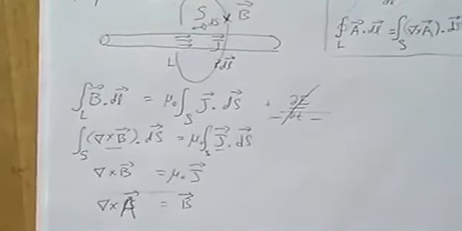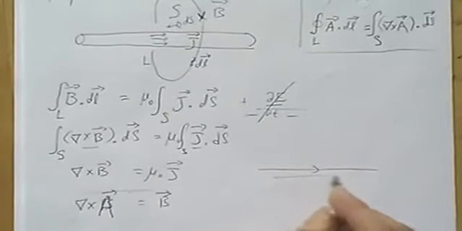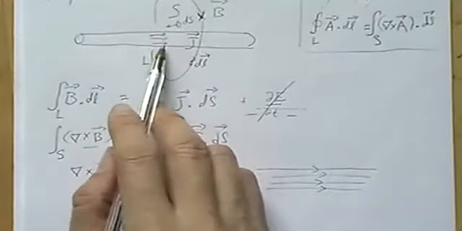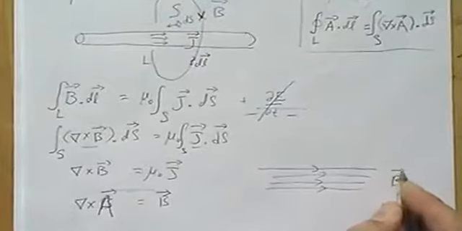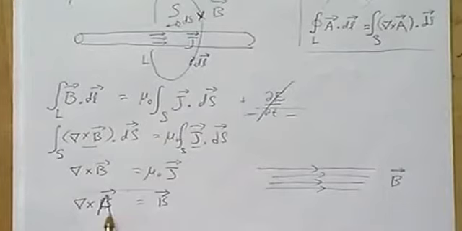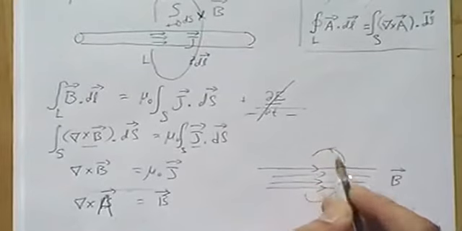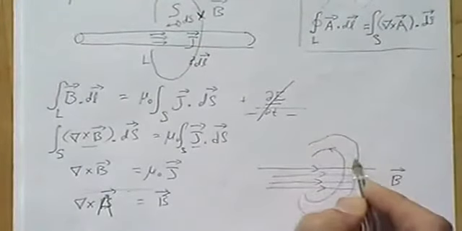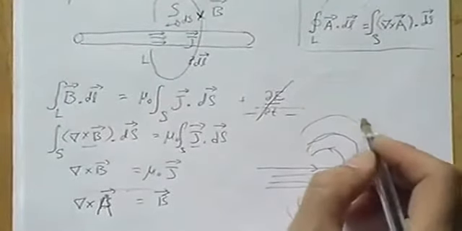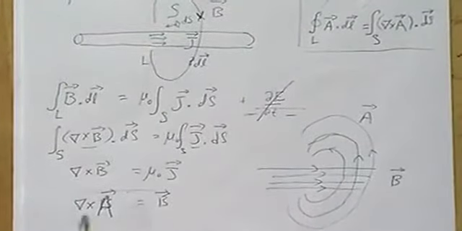So let me sketch this out. So suppose I have a magnetic field that goes this way, just like that current density up there. Then the corresponding vector potential must look like this. So we have just visualized A for a simple example.